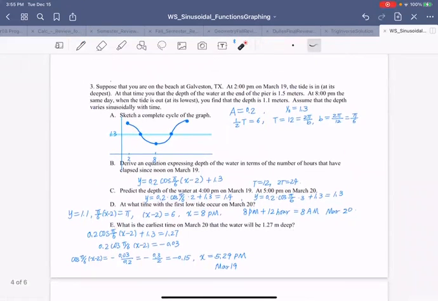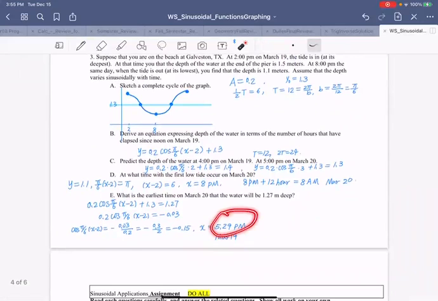So we want to convert this guy to March 20. So we can plus 12, right? We plus 12. So this is going to be 5:29 a.m. Yeah. 5:29 a.m.